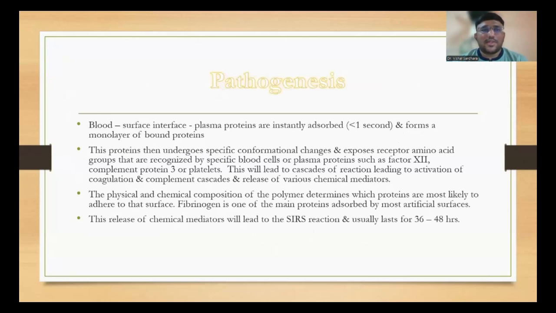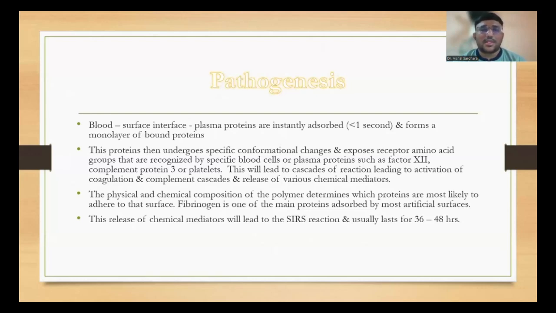At the blood and biological surface interface, plasma proteins are instantly adsorbed within less than 1 second and form a monolayer of bound proteins. These proteins then undergo specific conformational changes and expose receptor amino acid groups that are recognized by specific blood cells or plasma proteins such as factor 12, complement protein 3, or platelets.